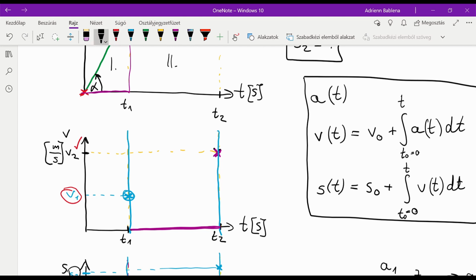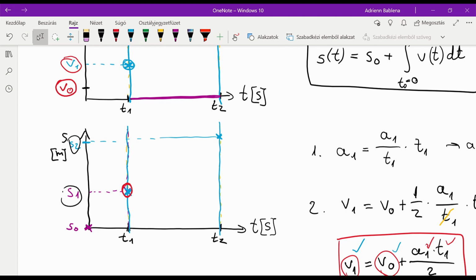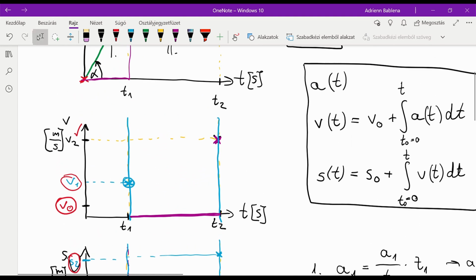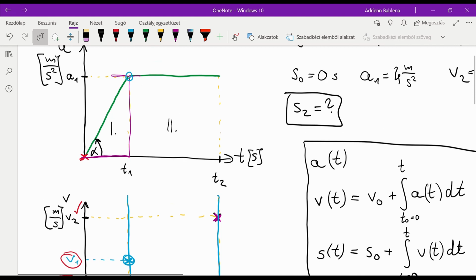Don't forget that it wasn't mentioned that V0 is 0, so we are looking for V0 also. And what is an initial parameter? That S0 is 0. That's known. And we are looking for S1 and S2.